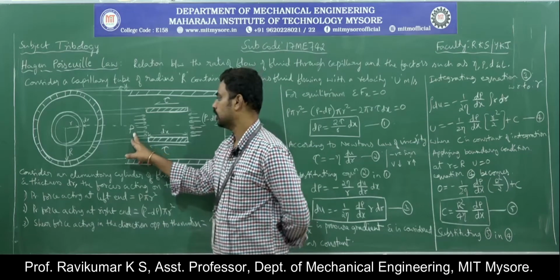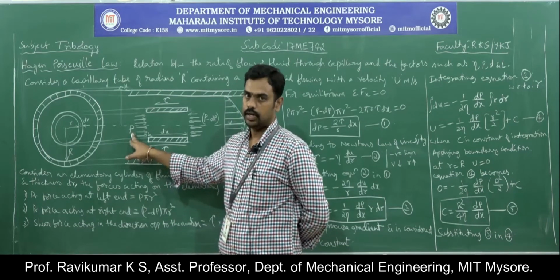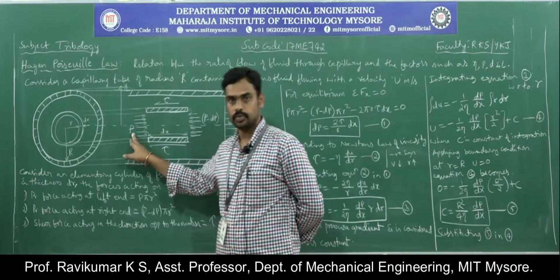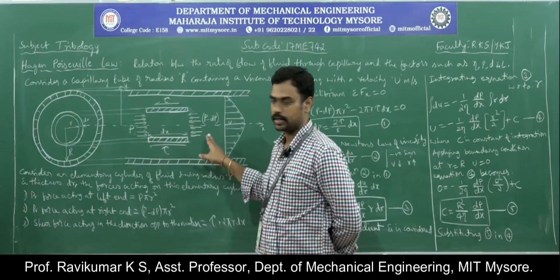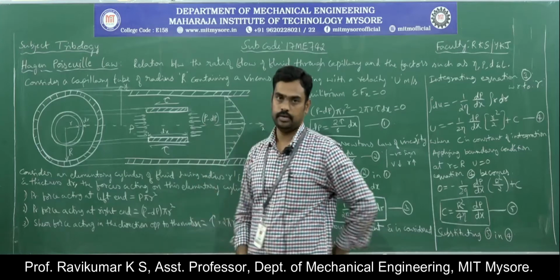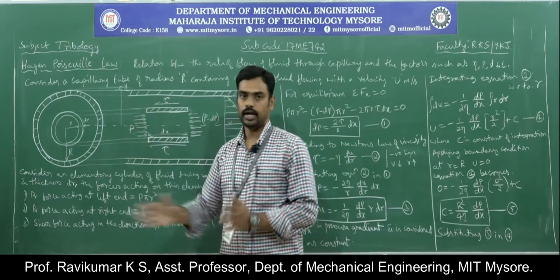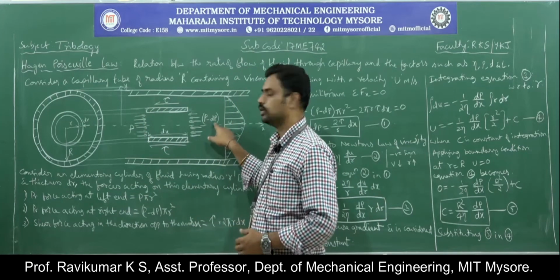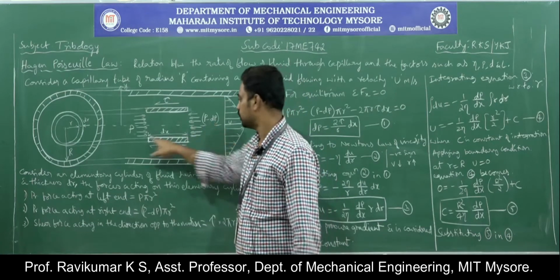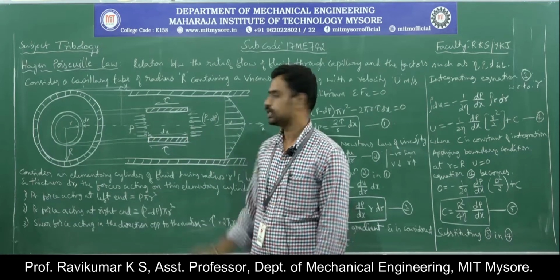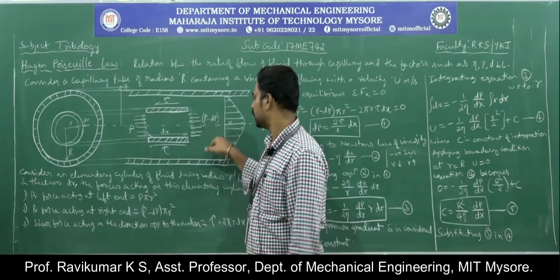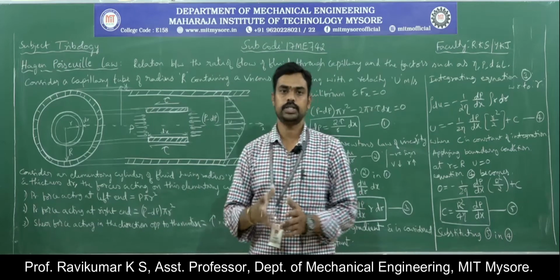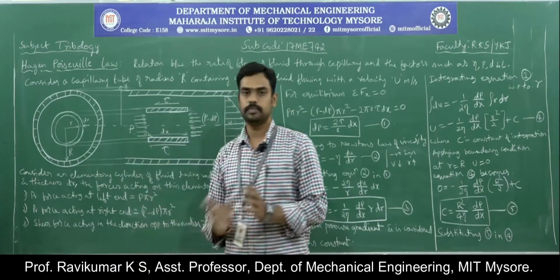This is the pressure P at the left hand end, and since it is assumed to decrease as the length increases, at the right hand end it is P minus dP. That is, P at the left hand end minus the variation of the pressure through the length dx. So P minus dP will be the pressure at the right hand surface, and P is the pressure at the left hand surface.